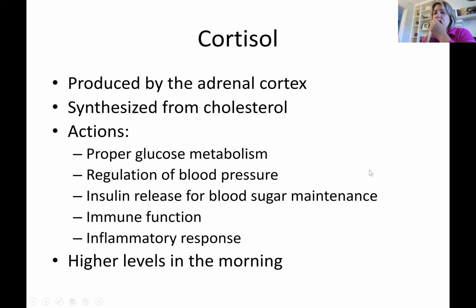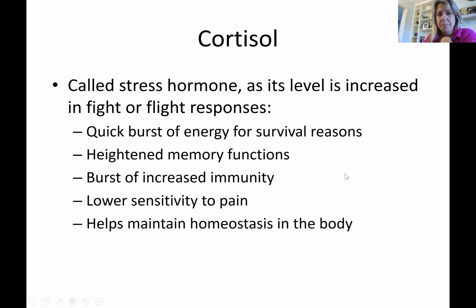So cortisol is important for a myriad of functions on the day-to-day maintenance of the well-being of the individual, okay? But it is also called the stress hormone. And we're going to talk now about acute release of cortisol and the chronic release of cortisol.